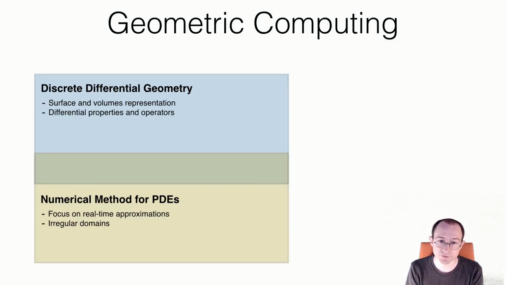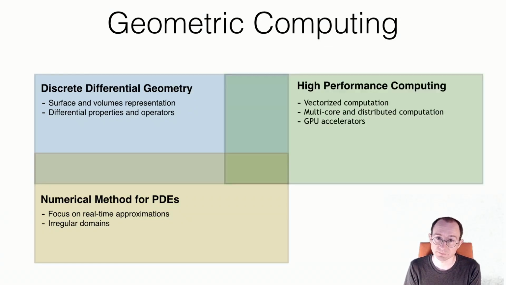Usually the focus is more on the quick and approximate solution of them, especially on solving these PDEs on irregular domains that can be either designed from scratch or acquired, for example, with a 3D scanner. There is also part of high-performance computing to make these algorithms usable on real-world data.